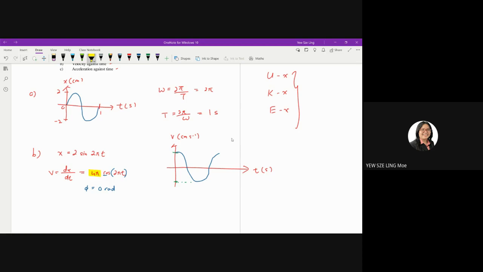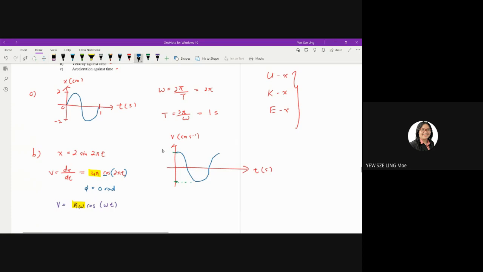If you look at the general equation for V, V equals A omega cos omega t. So the thing that we need to put in our graph is A omega, not just A. This is a very common mistake in the exam.